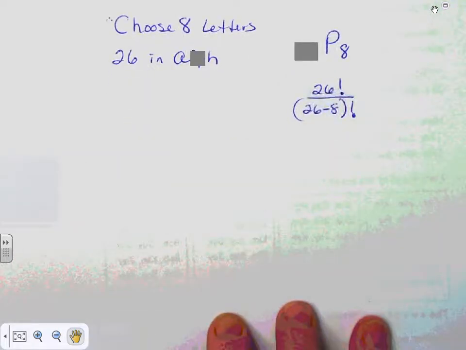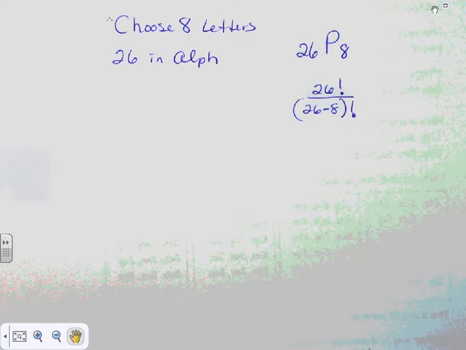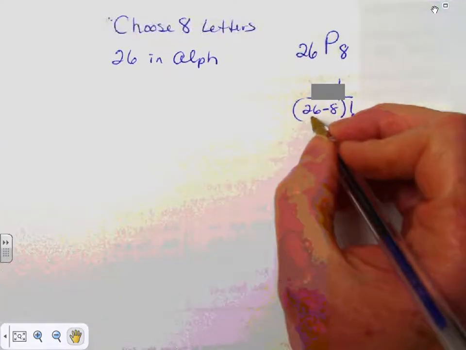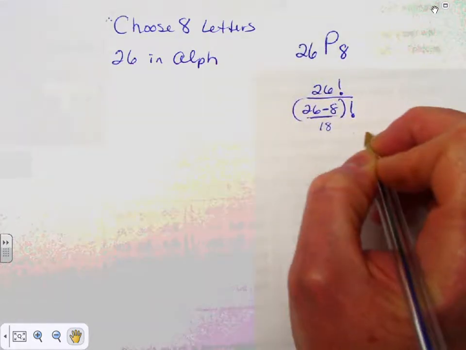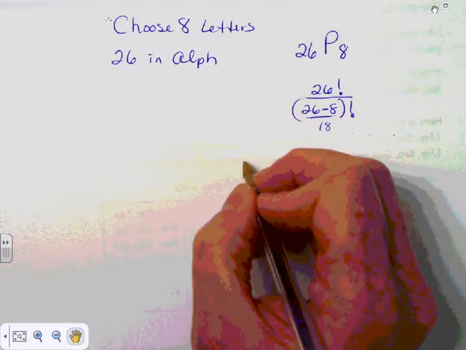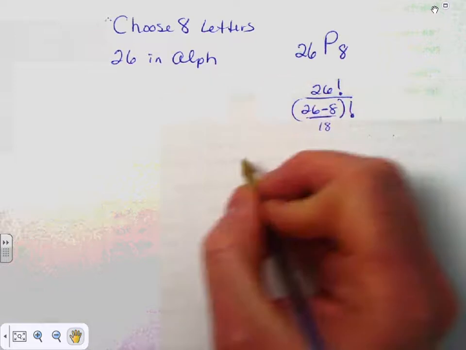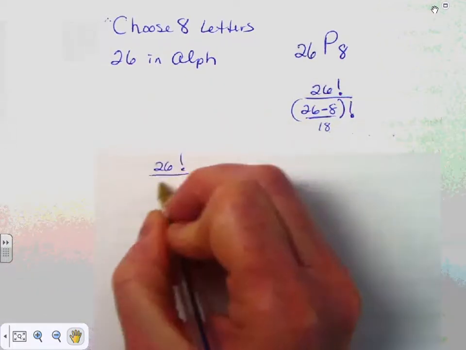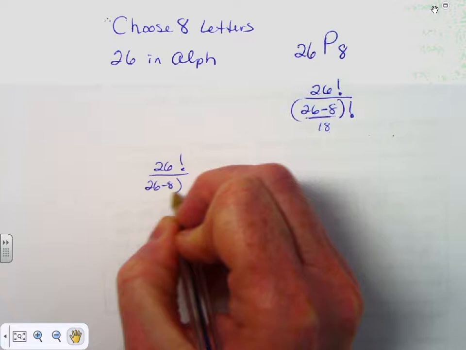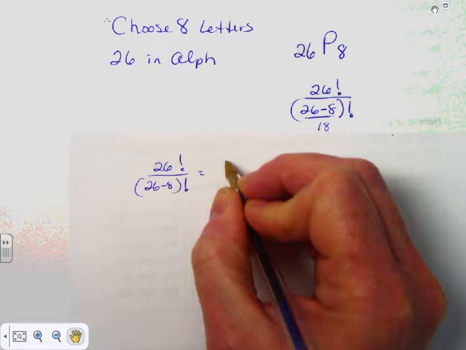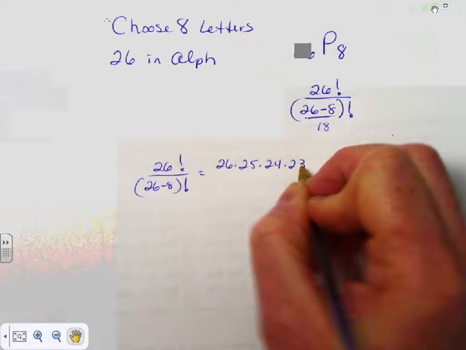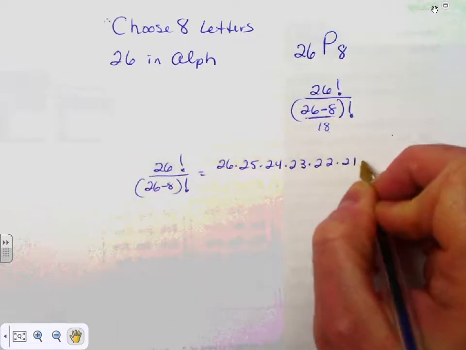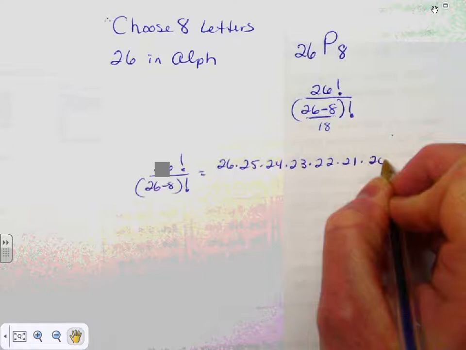Now that you're kind of familiar how this works, what's this answer going to be here? 18. So it's going to go 18, 17, 16, 15, 14, correct? Knowing that now, my top value, let's see, I'm going to give myself some space here. 26, 25, 24, 23, 22, 21, 20, 19.